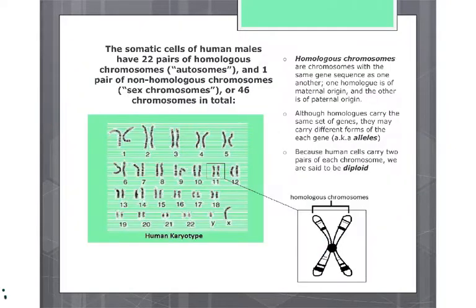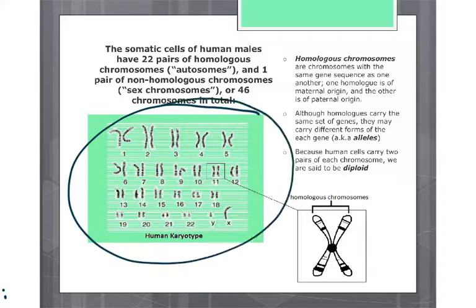The somatic cells of human males have 22 pairs of homologous chromosomes, which are also referred to as autosomes, and 1 pair of non-homologous chromosomes, and these are referred to as our sex chromosomes, for a total of 46 chromosomes. So when we look at a picture like this, this is what we refer to as a karyotype.